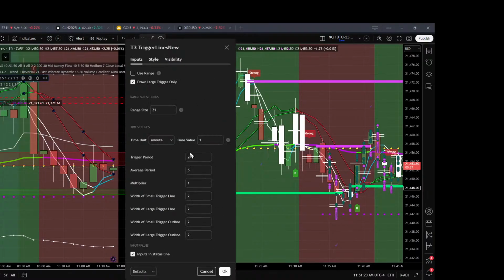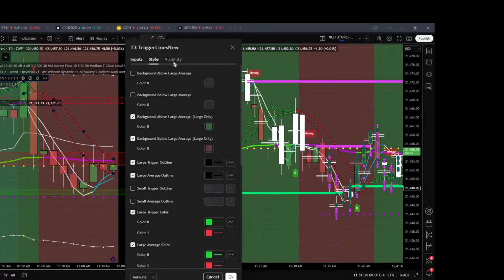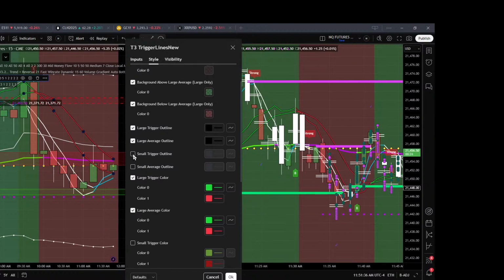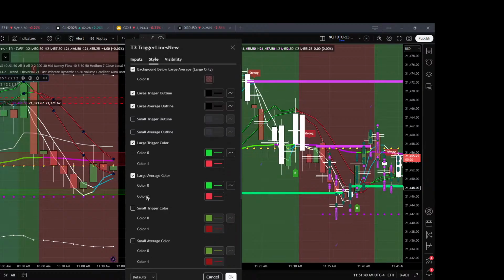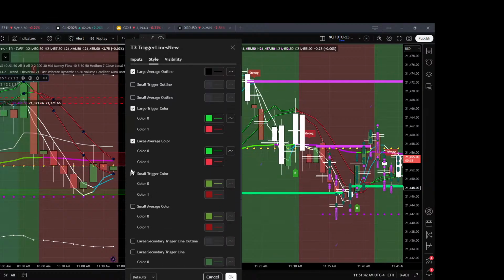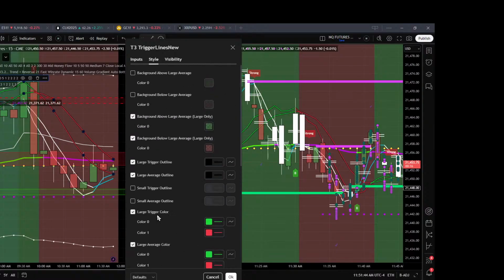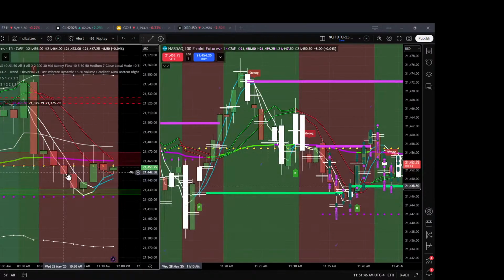So when you go to inputs, I make sure that they are the same inputs for the small and the large. Or I may have just pulled mine off. Small trigger line, small average, large trigger line, large trigger color. I think I took one of them off. I don't need 2 small triggers.